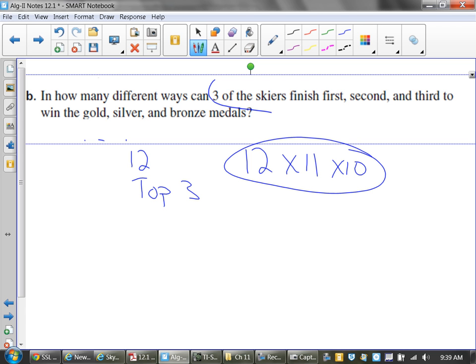What that stands for is 12 permute 3. N permute R: how many ways can you choose or pick 3 out of 12 when order matters?